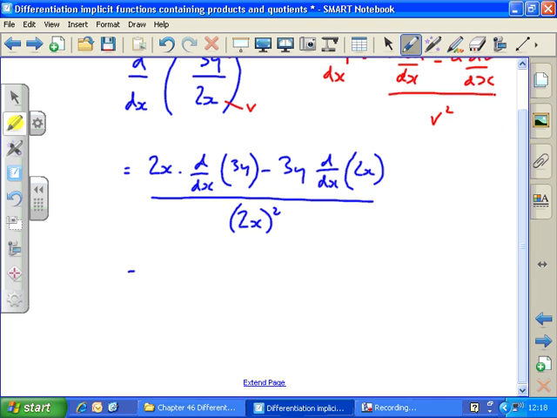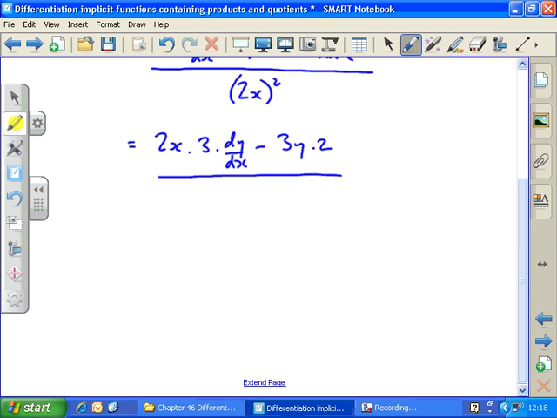So looking at it, this equals 2x times, right, so we need to differentiate 3y with respect to y, which is just 3, and then multiply that by dy by dx, minus 3y. I can do the differential of 2x with respect to x, that's just 2, all over, and we must remember when we're squaring 2x that we square the 2 and the x to get 4x squared.